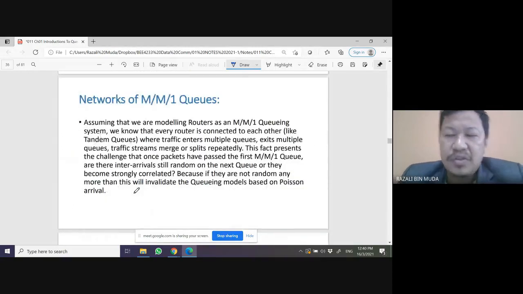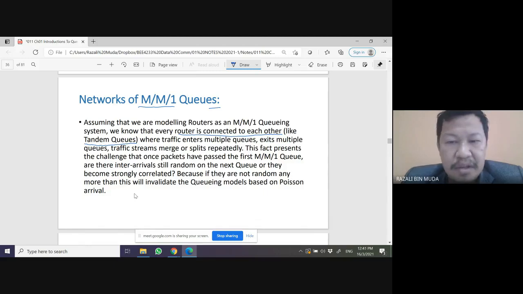Okay, so next we will discuss networks of M/M/1 queues. Assuming that we are modeling a router as an M/M/1 queuing system, we know that every router is connected to each other like tandem queues. Traffic enters multiple queues, exits multiple queues, and traffic streams merge or split repeatedly.